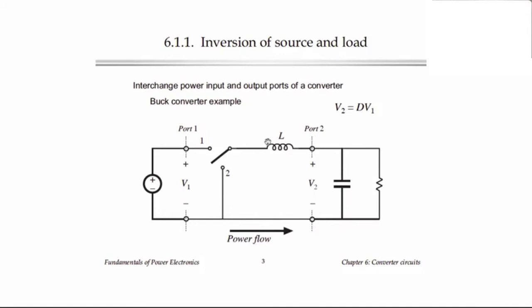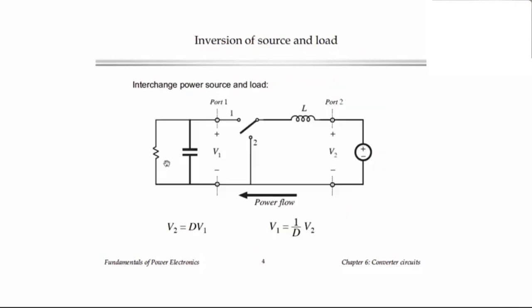Now one thing that we can do is connect our power source to port 2 and our load to port 1. Here's an example of that. We've connected the power source to V2 and the load is at V1, but the relationship between V1 and V2 is the same. In fact, if you apply volt-second balance to this inductor, you'll find exactly the same relationship, that V2 is still D times V1, but now V2 is the power source and V1 is the load.